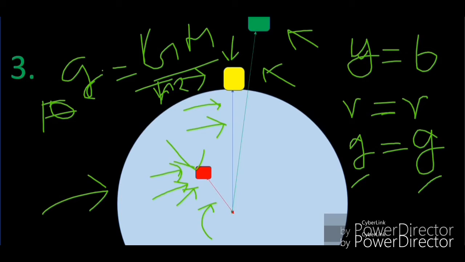Because the green object is too far away, it has a larger distance from the center of Earth, even larger than the yellow object, and with your basic knowledge you know that the distance, which we called G here, is greater than this and this. So the gravitational acceleration and weight will be less.